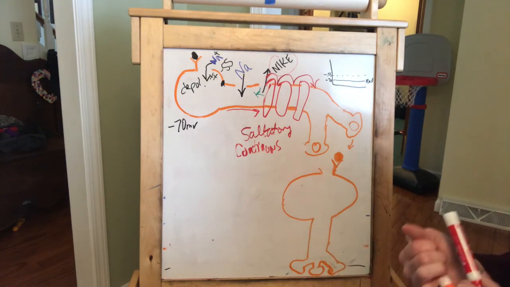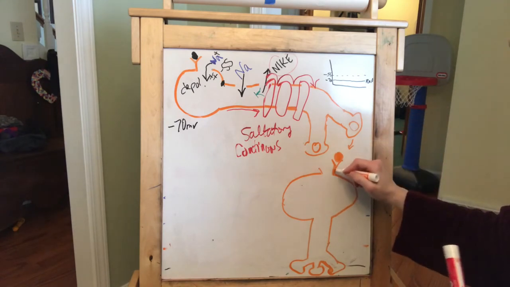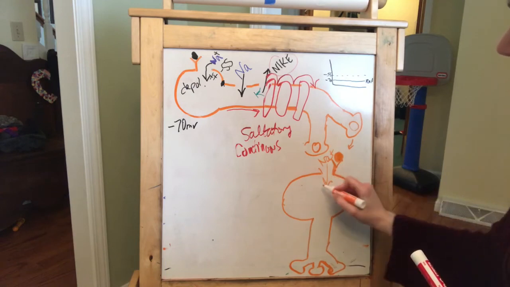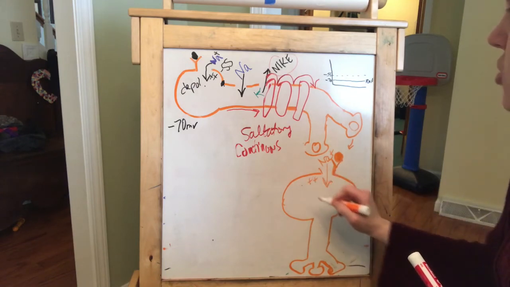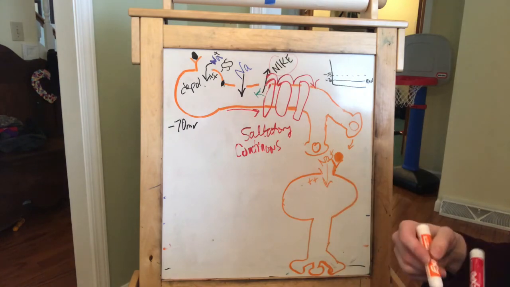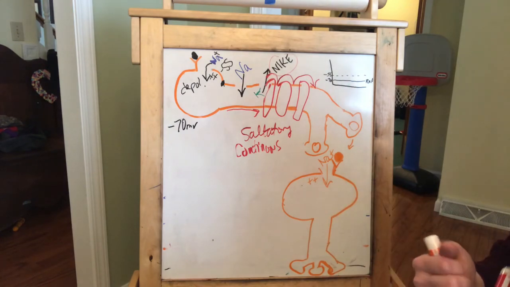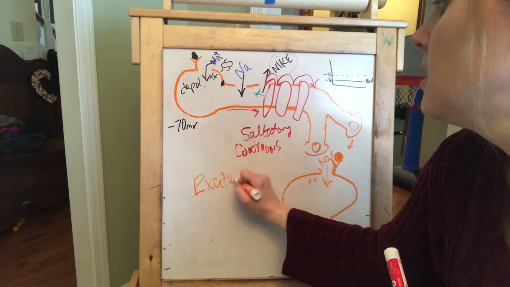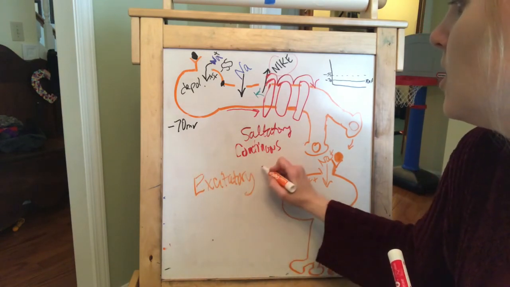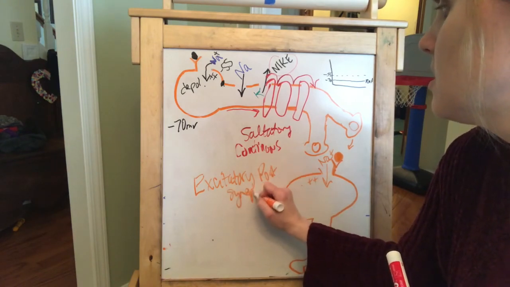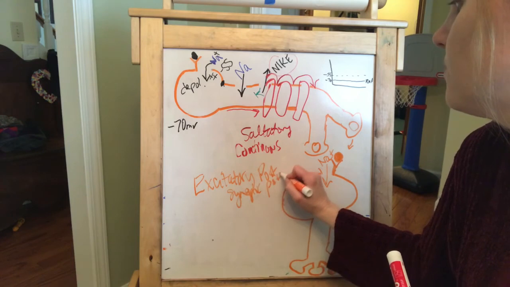So if what happens when this ligand binds is that sodium flows in, thereby bringing more positive charges in, thereby depolarizing the membrane, bringing it closer to threshold, that's called an excitatory postsynaptic potential.